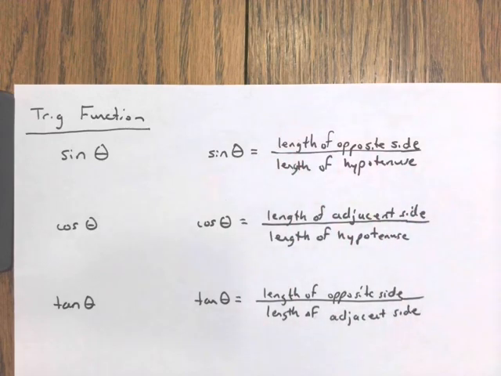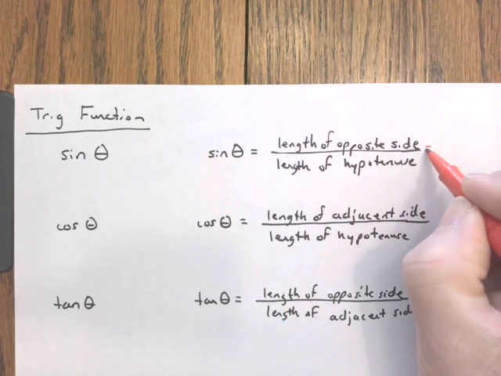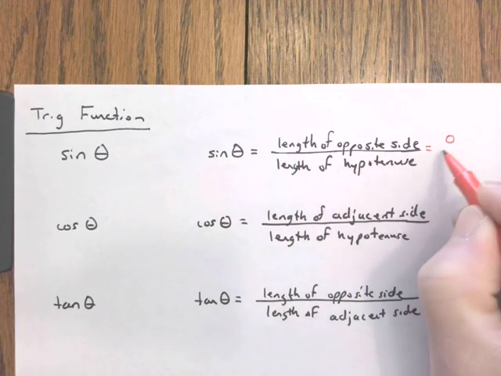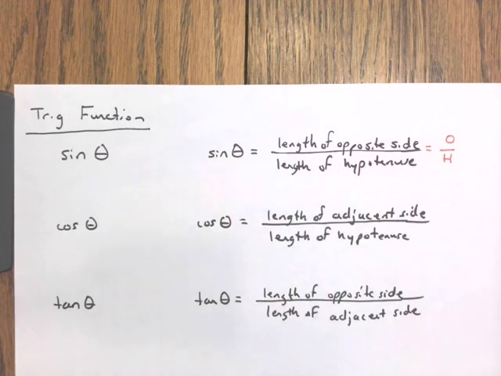There is an acronym that we tend to use when we work with these three trigonometric functions. The length of the opposite side, people usually just call that O for opposite, and the length of the hypotenuse, people use H for that.